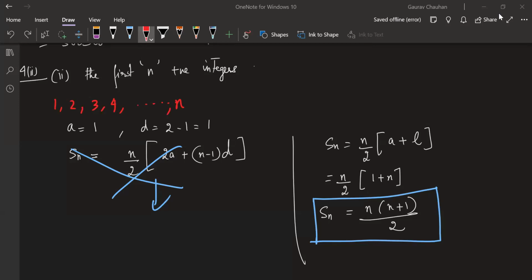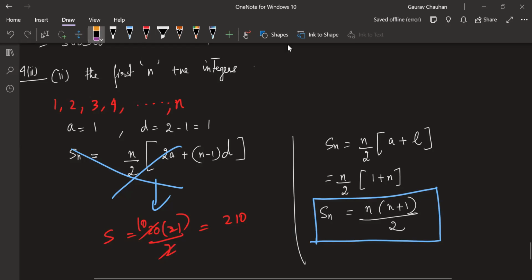If they ask you to find the sum of 1 to 20, you can do it in a minute now. Sum of 1 to 20 is equal to 20 into 21 by 2, cancel 10, that is equal to 210. Like that you can do right now. You get it, Deepak? Yes, definitely it makes it a lot faster.